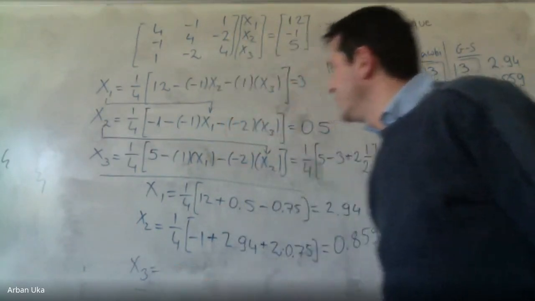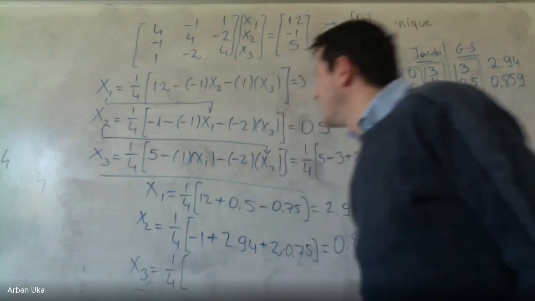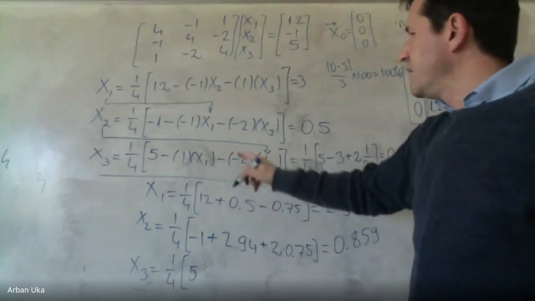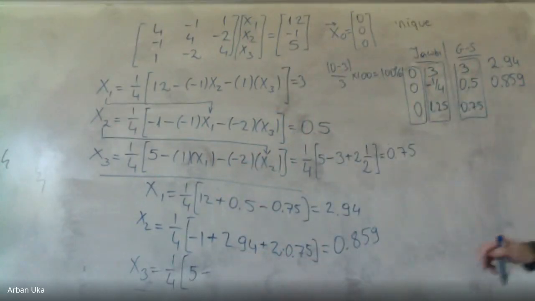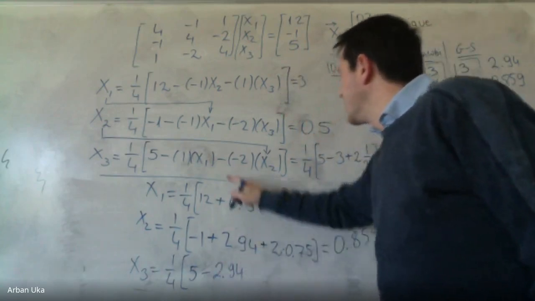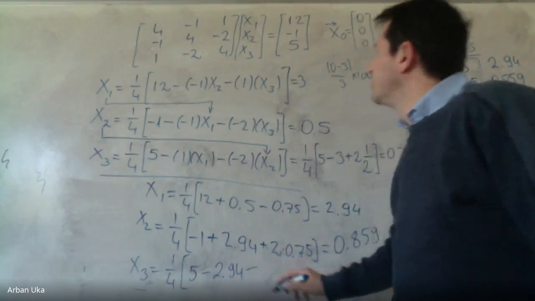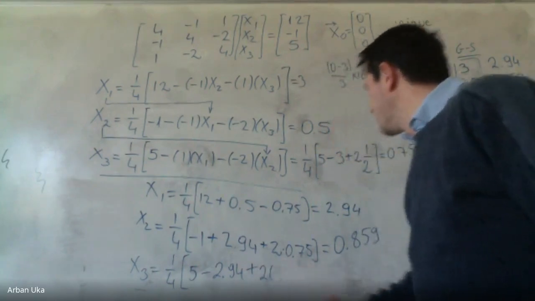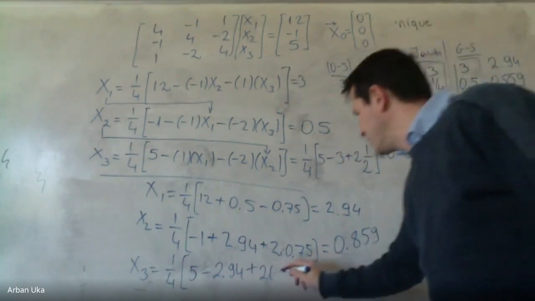x3 would be equal to 1 over 4 multiplied by 5 minus 1, that means minus x1. x1 is 2.94, plus 2x2, plus 2. Oh, okay, this plus 2 appears twice, plus 2x2, x2 is this value, 0.859.